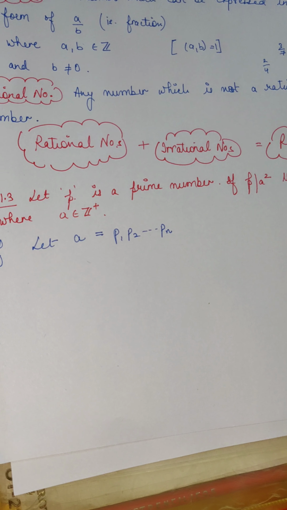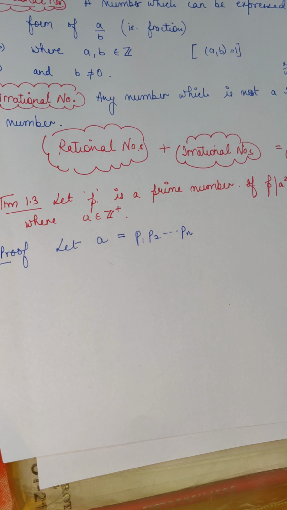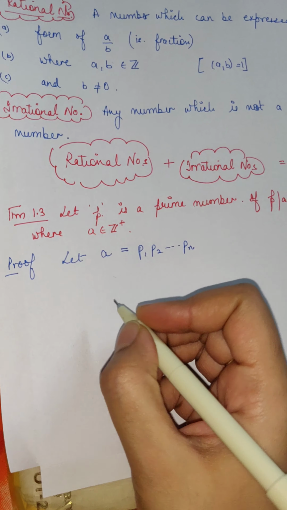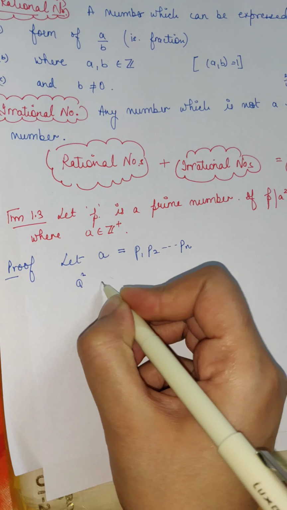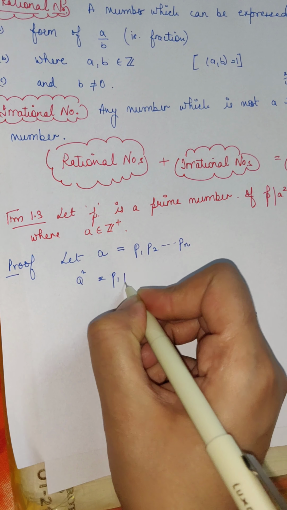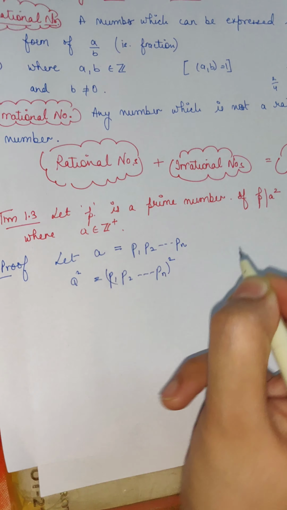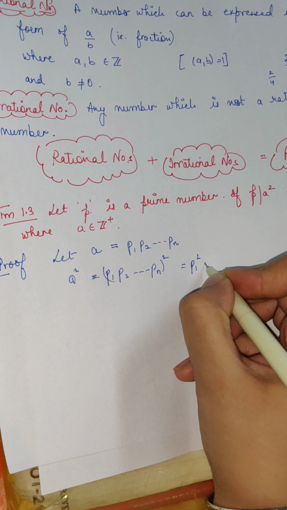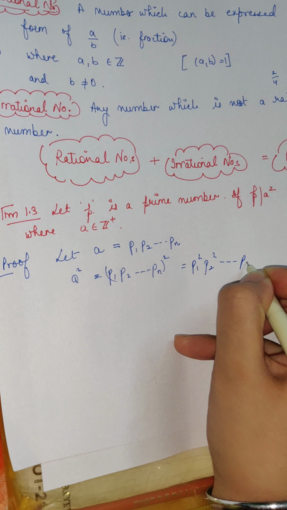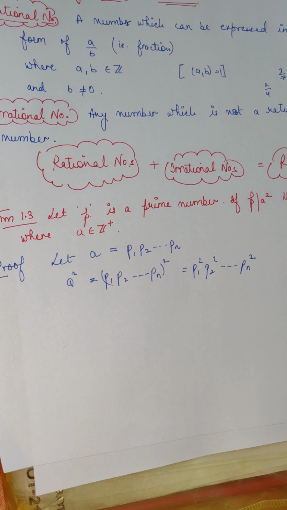So any number can be broken into a product of primes, as we have written. Now if you square this number, you will get a square is equal to p1, p2 up to pn whole square, that is p1 square, p2 square and up to pn square, right?